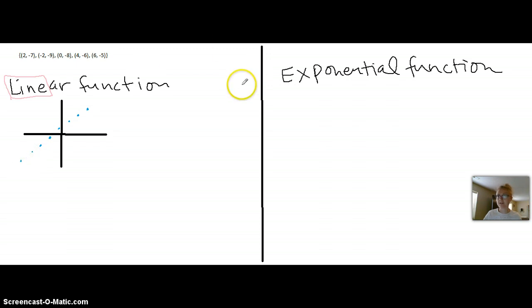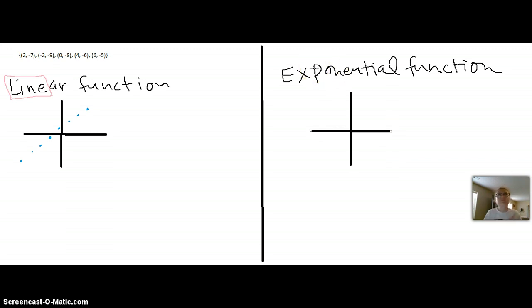Okay? Now let's come over here and get a graph for an exponential function. And we're going to get something different with an exponential function. It's going to look kind of like a Nike swoosh.